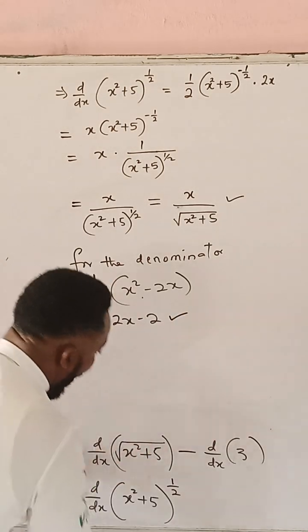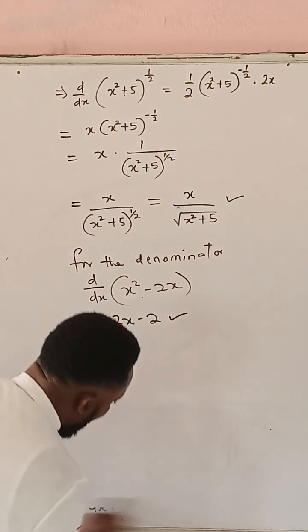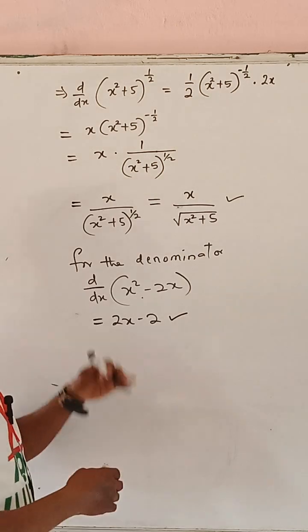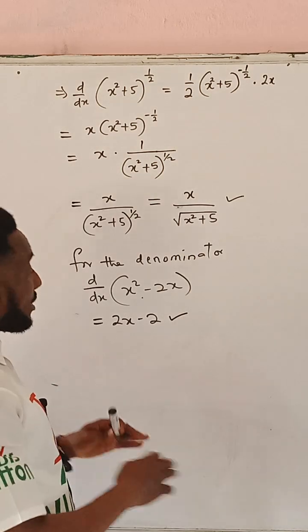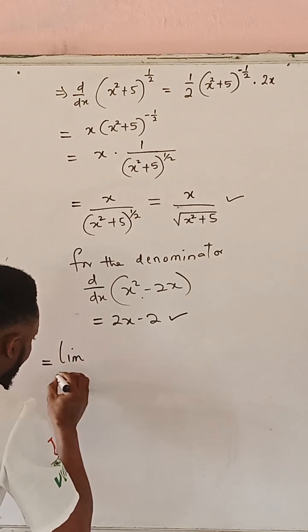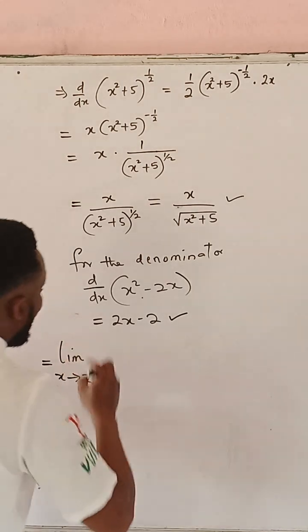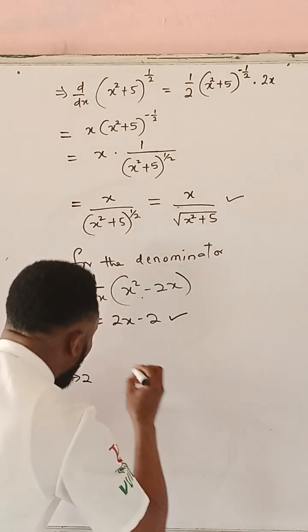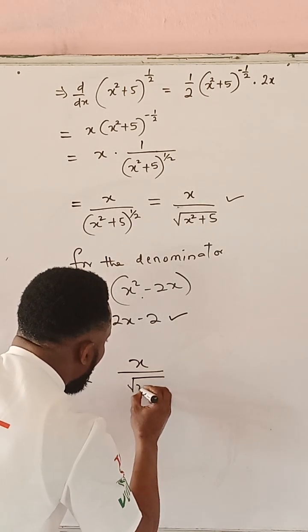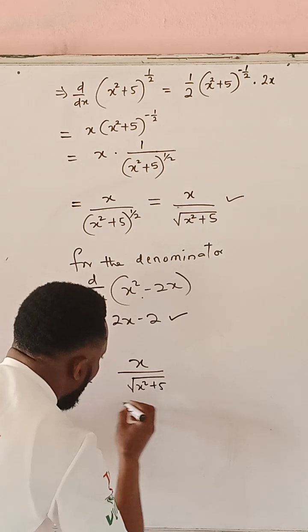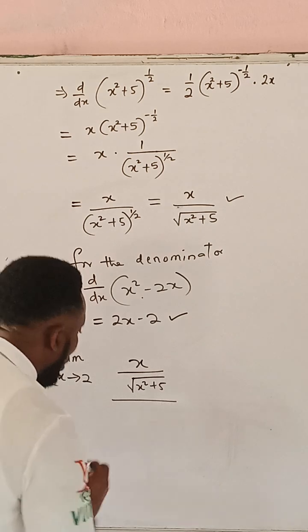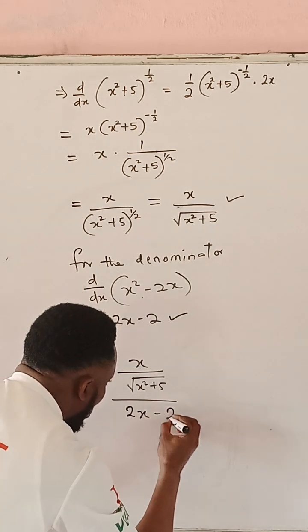Now that I have done the differentiation of the numerator and denominator separately, I can now write the limit as x tends to 2. I will take the differential value on the numerator, which is x upon the square root of x squared plus 5, all divided by the differential value of the denominator, which is 2x minus 2.